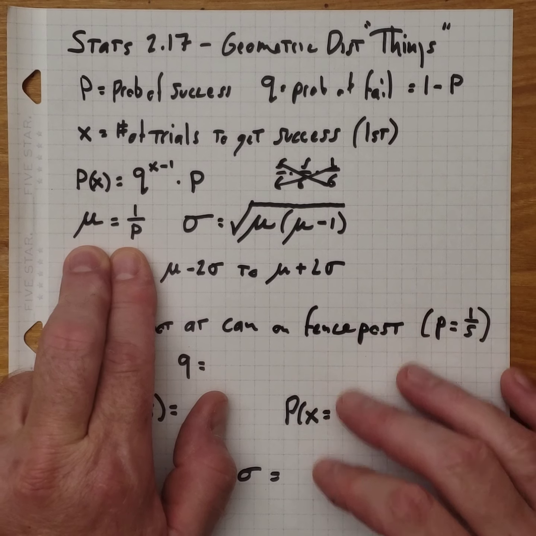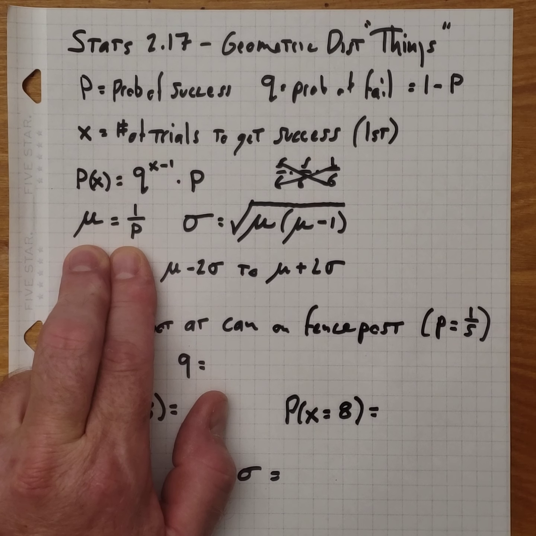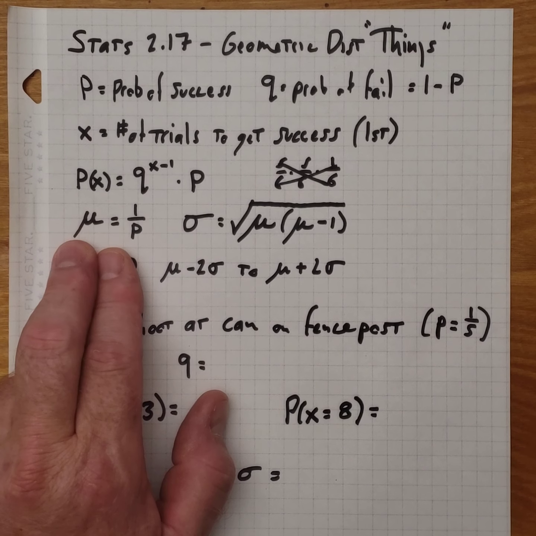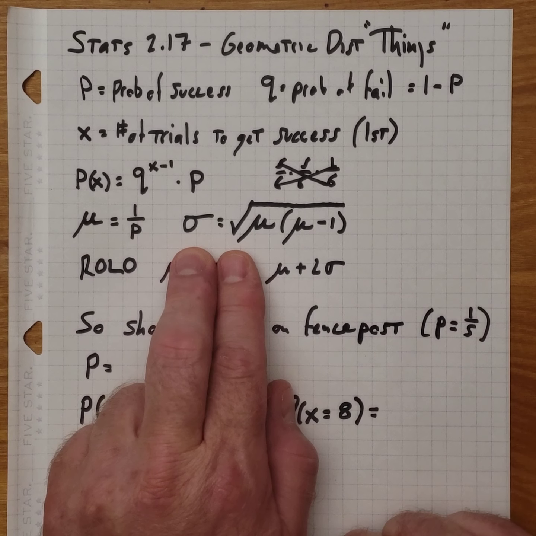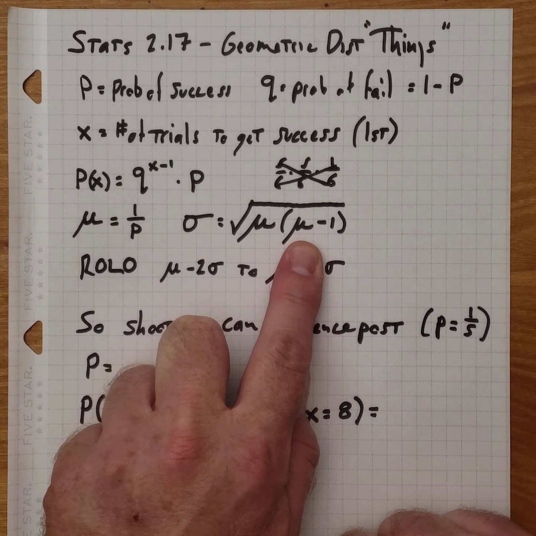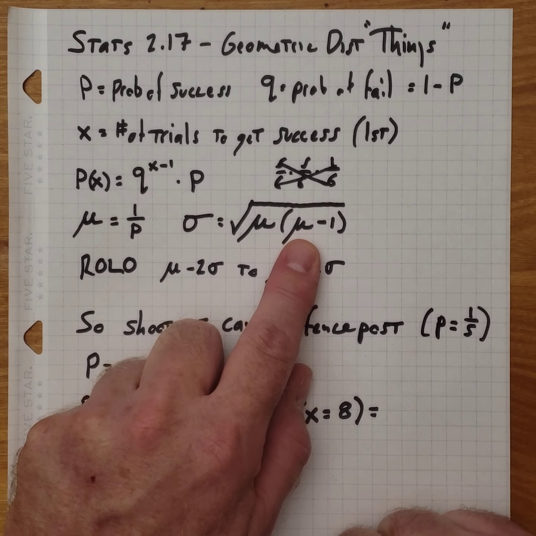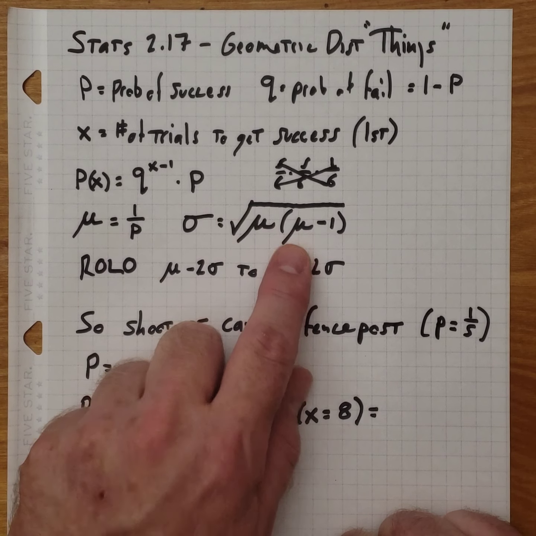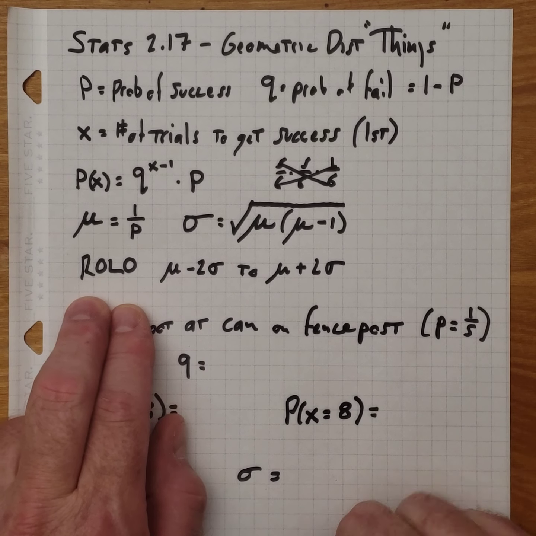In the case of the dice, where the probability of success was 1 in 6, then the mean would just be 6. The standard deviation is just the square root of the mean times 1 less than the mean. So if the mean is 6, this is going to be the square root of 6 times 5. Real easy. And we'll look at an example in just a second here.